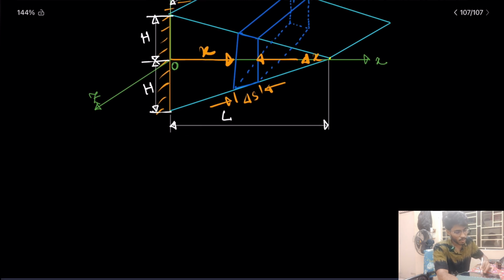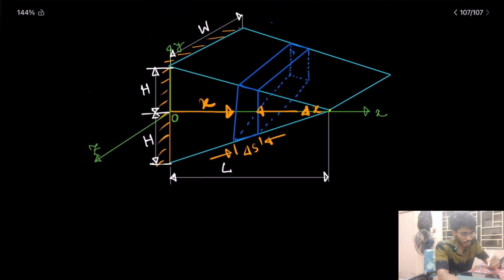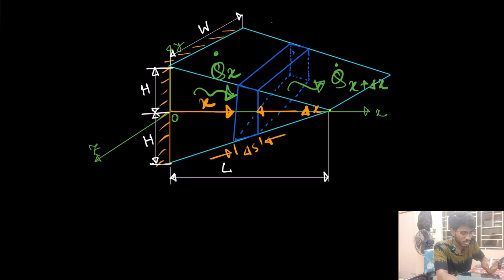Clear? So now again you have to just apply the simple energy balance here. For that, just see what the energy interactions are. Firstly, we have heat going in, q dot x, and heat leaving the control volume, q dot x plus delta x, and also we have heat convected outside, that is q dot convection.